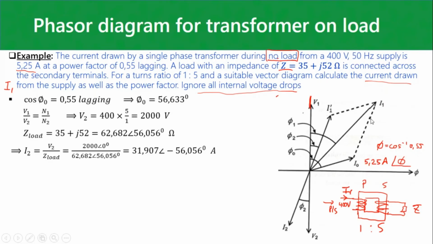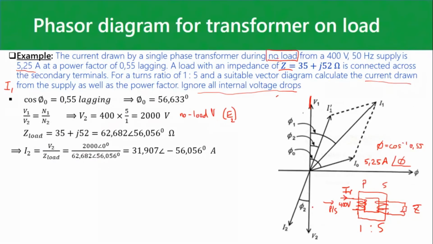And then we find out what V2 is on no load. This is basically the no load voltage. In other words, it is E2. Okay, so Z load, I just converted it to polar. And then I2 is V2 over Z of the load.